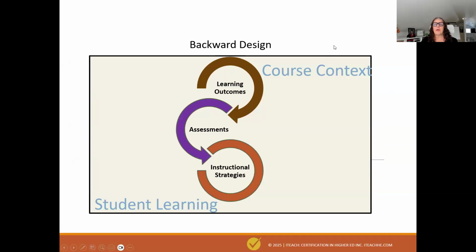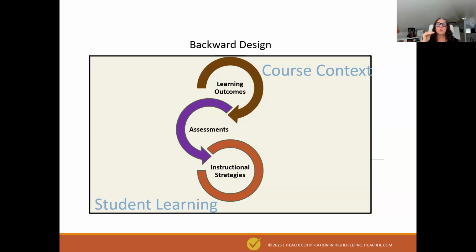So this is just a reminder of our backward design model. And backward design means that we start with the end in mind. So we begin there. So the end is the learning outcomes, where you want students to be at the end of the course or program or lesson. After you have your learning outcomes designed, then you design your assessments and how they relate to the learning outcomes.